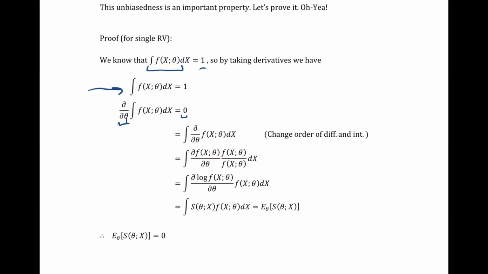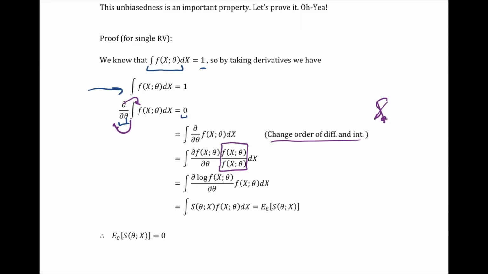Now, what I'm going to do is take this derivative and exchange the order with the integral. And this is okay as long as the limits of the integral don't depend on theta. We can't have that. Okay, so now I have the derivative with respect to f. So what I'm going to do is multiply by 1.